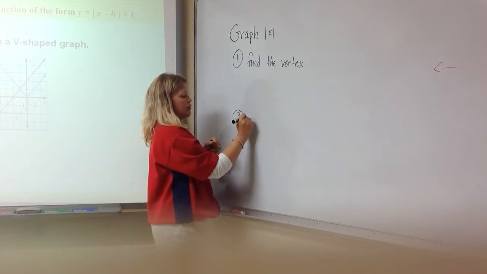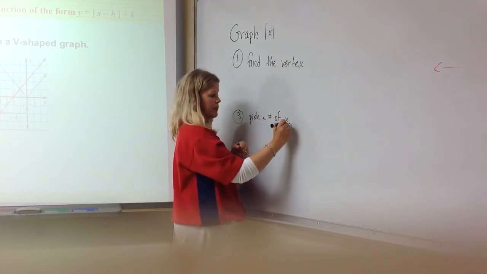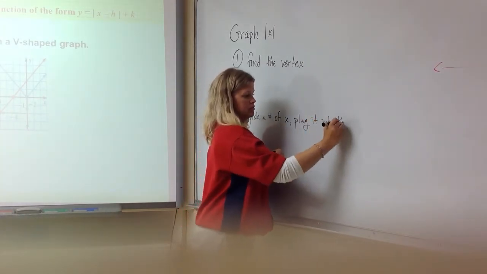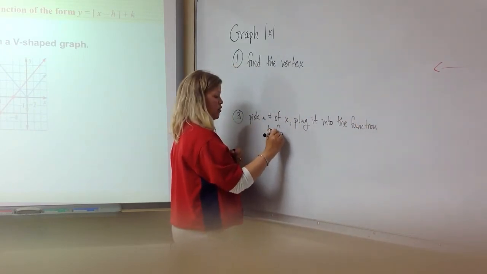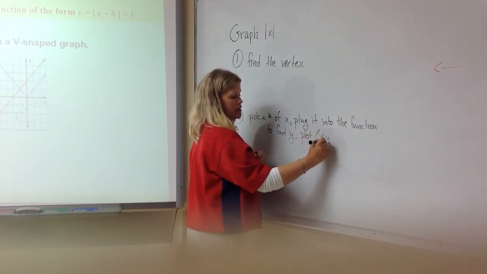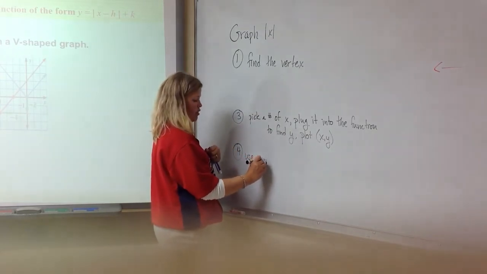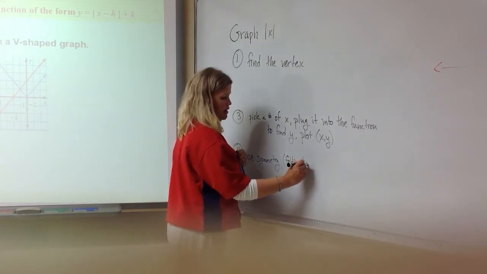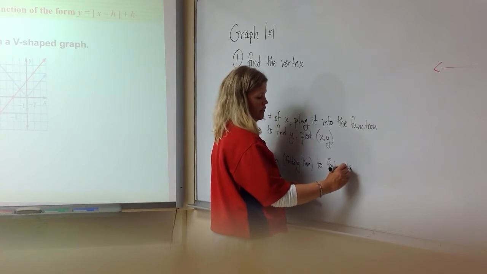And then we're going to pick a number for x, plug it into the function, or the equation, to find y, and then plot that point, xy. Then use symmetry, or we might call it the folding line, to find another point, okay?